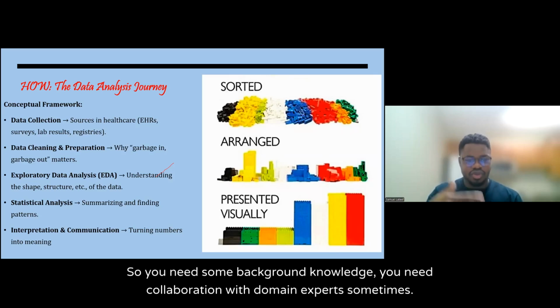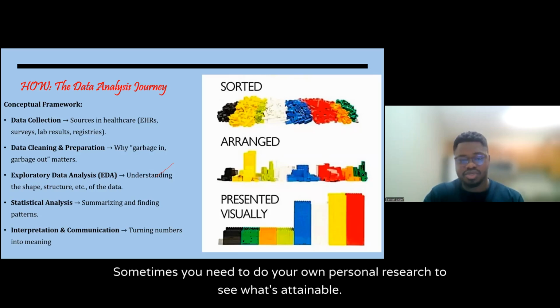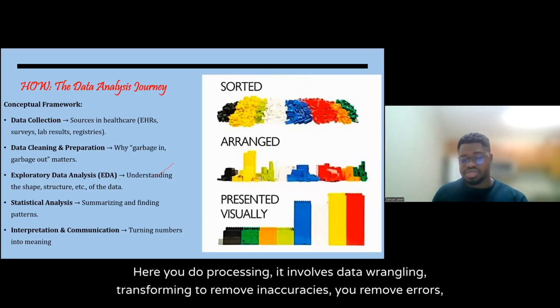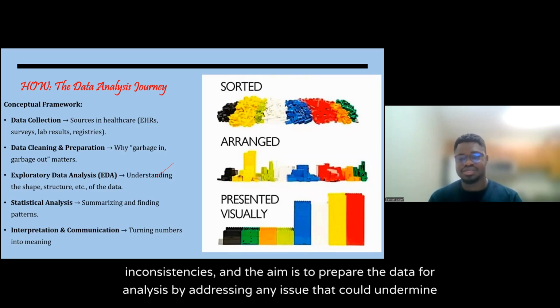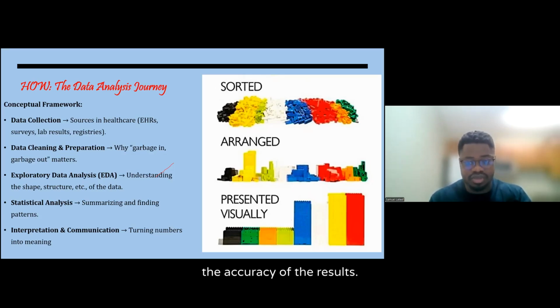You need some background knowledge, and you need collaboration with domain experts sometimes. Sometimes you need to do your own personal research to see what's obtainable. Here you do processing, which involves data wrangling, transforming to remove inaccuracies, errors, and inconsistencies. The aim is to prepare the data for analysis by addressing any issue that could undermine the accuracy of the results.